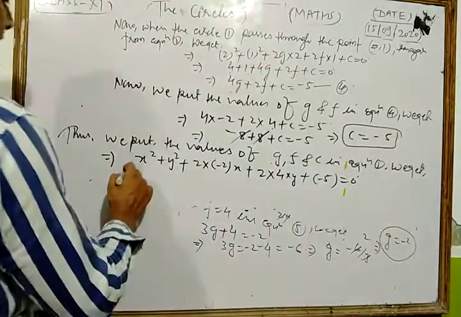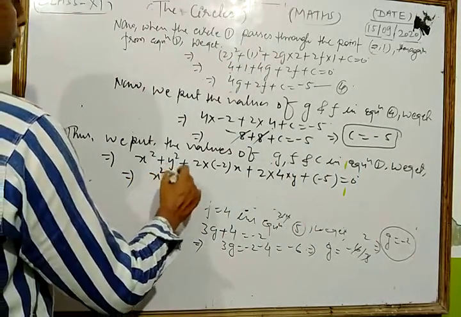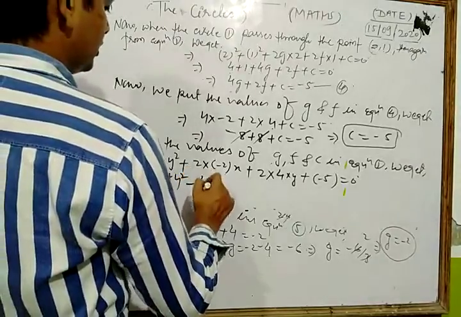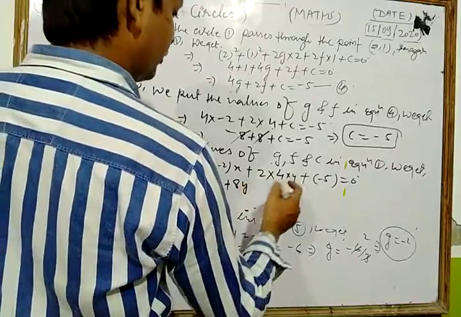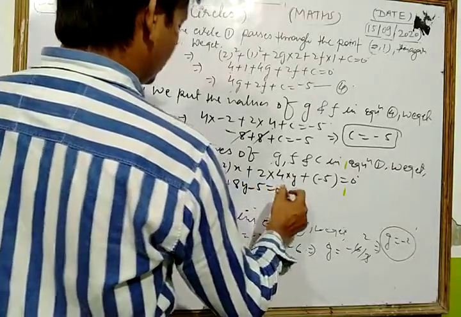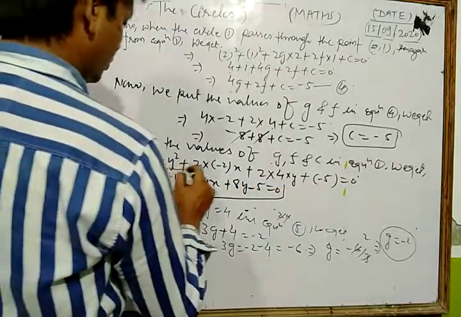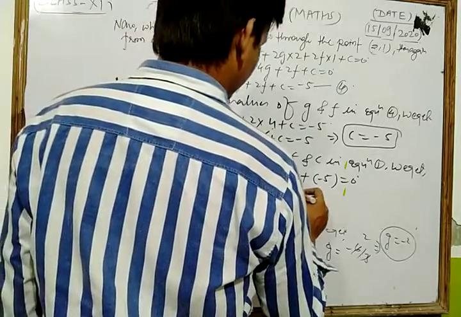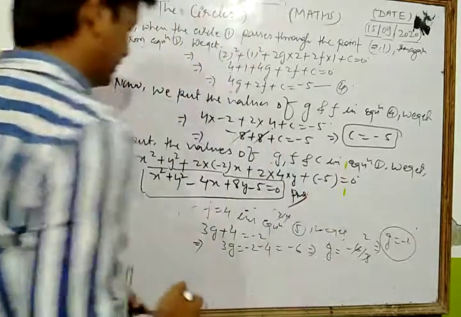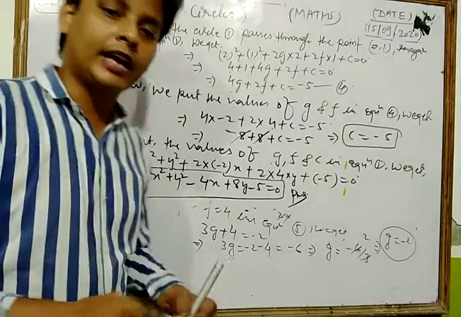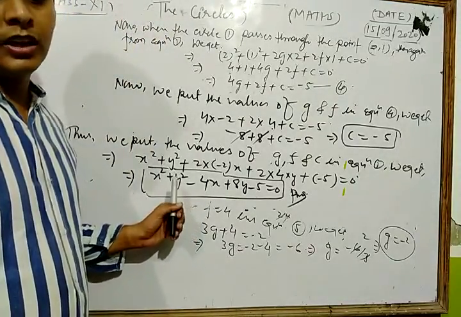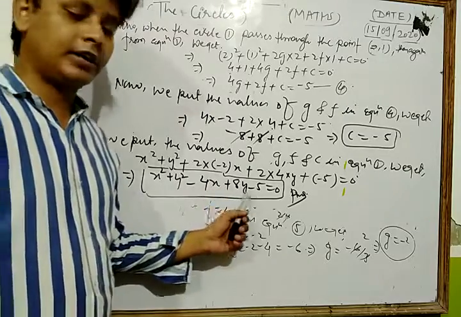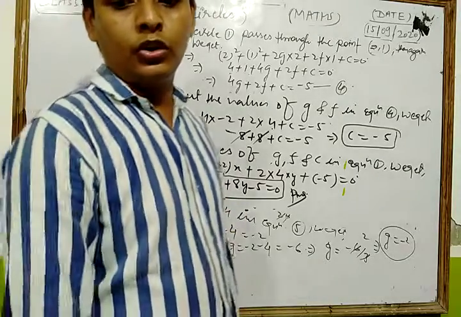Now solving them, we get x square plus y square minus 2 into 2 x, that is minus 4x, plus 2 into 4 y, that is 8y, minus 5 is equal to 0. So this is our required answer: x square plus y square minus 4x plus 8y minus 5 is equal to 0.